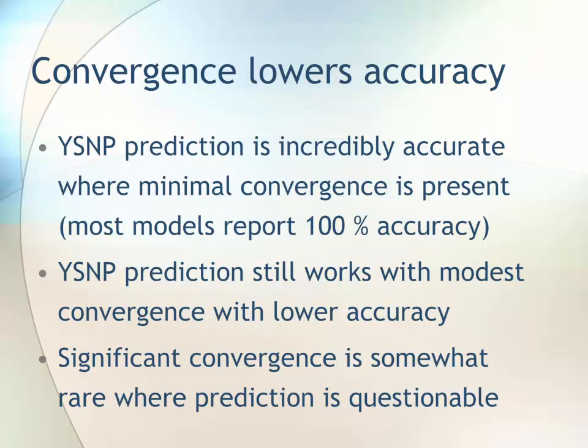So if you just have a little bit, you can still get 100% accuracy. And if you have a little bit more, you can get down to 95% accuracy. But if there are significant convergences between your haplogroup and older haplogroups, you're just not going to get a good model to fit. And you may need to go to 111 markers or even 500 markers to actually be able to do SNP prediction and isolate yours from others. But this is a very small minority of people that have this degree of convergence.